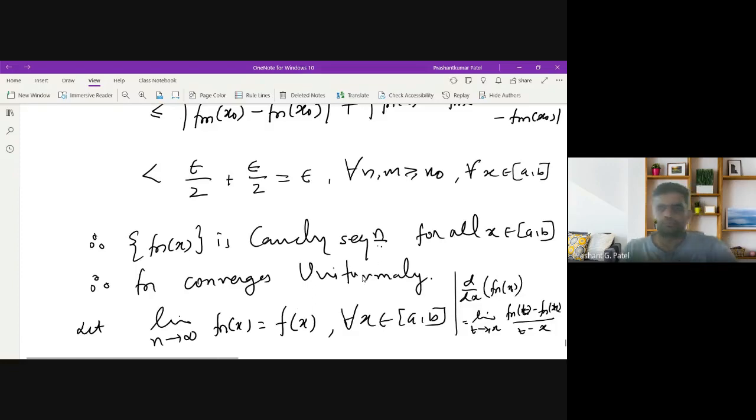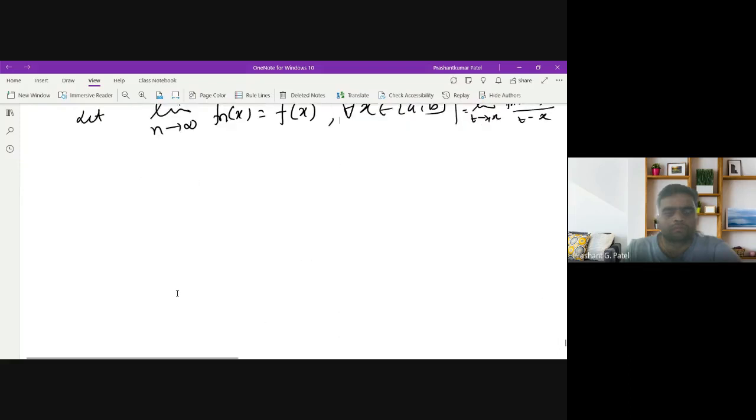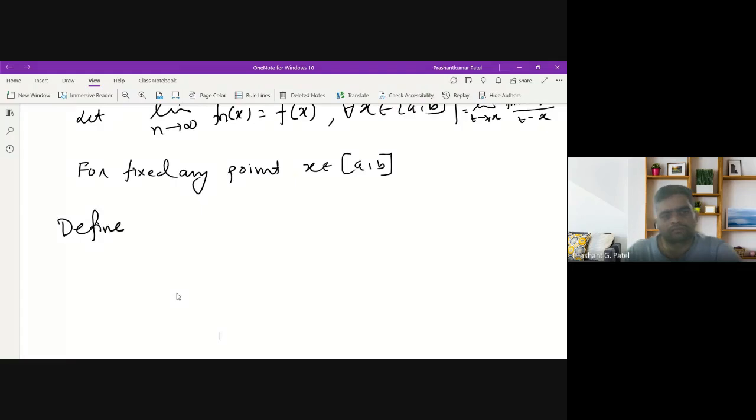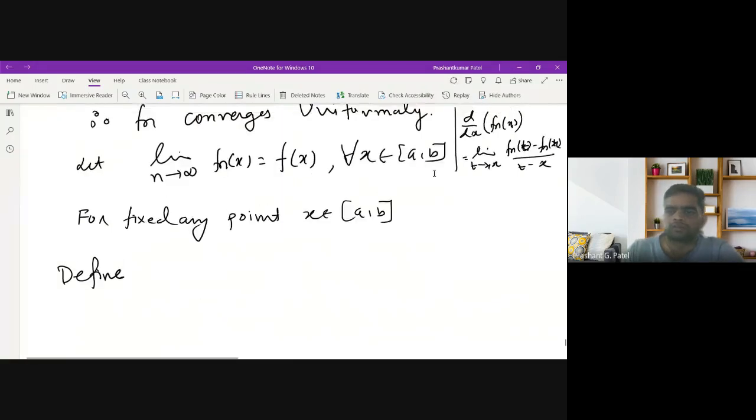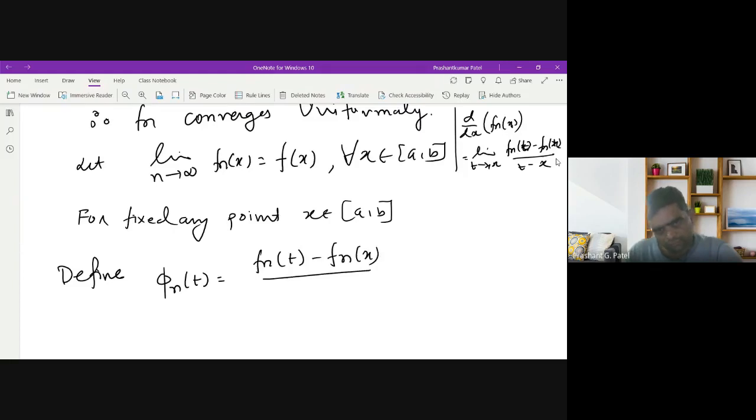Now let us take any fixed point x in A. Let us define this function, which we have denoted here, phi n(t) as (Fn(t) minus Fn(x)) upon (t minus x).